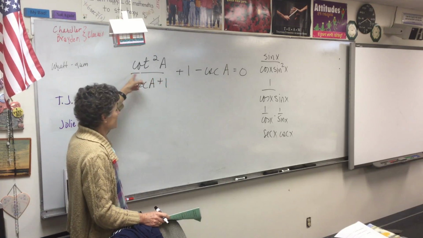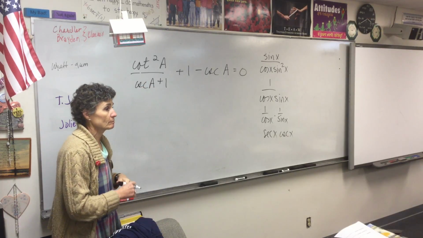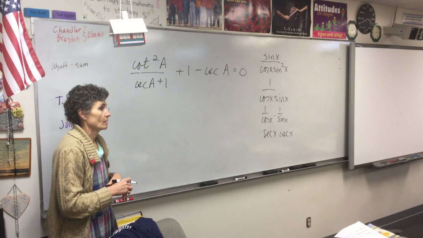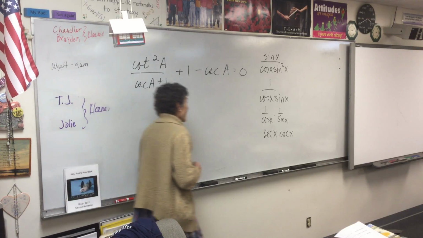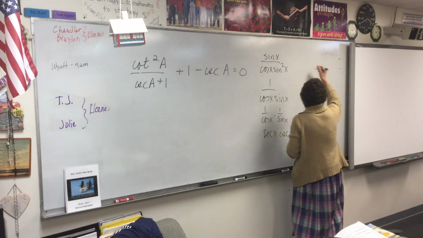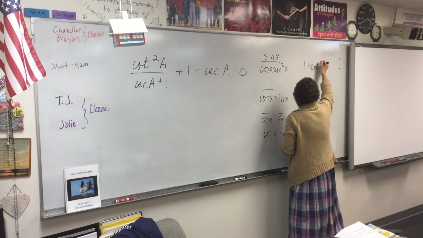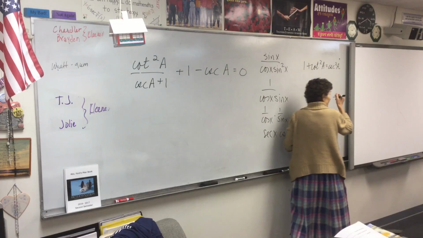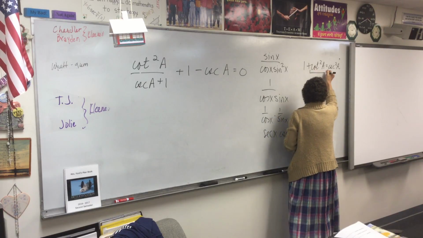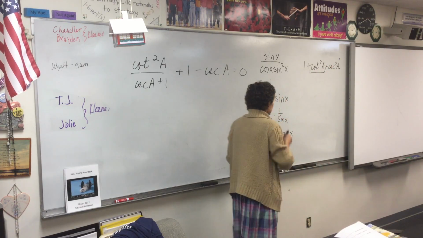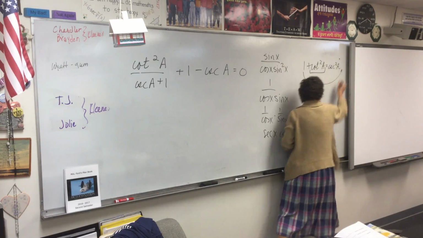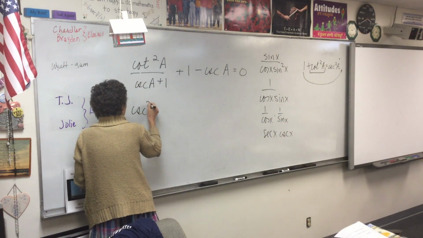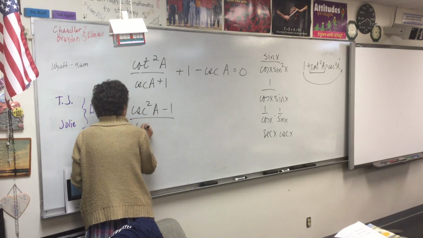So what about cotangent squared? 1 plus cotangent squared. Okay, so I have an identity, and I usually have to write them down. I have an identity that says 1 plus cotangent squared is cosecant squared. So what does cotangent squared equal? Cotangent squared would equal cosecant squared minus 1.